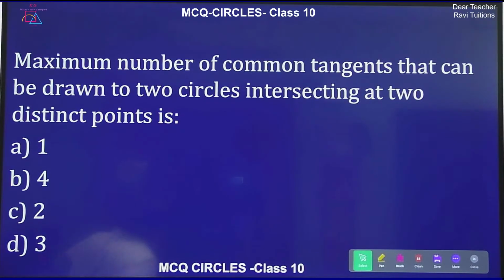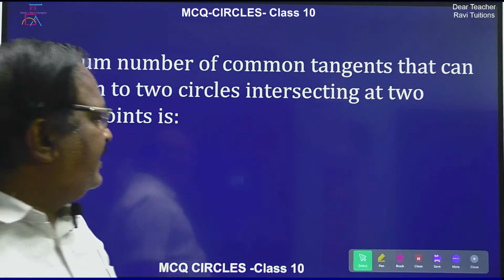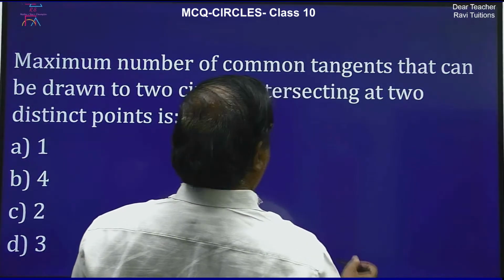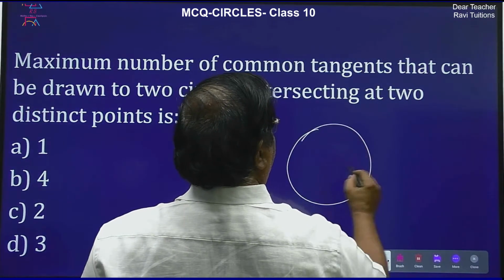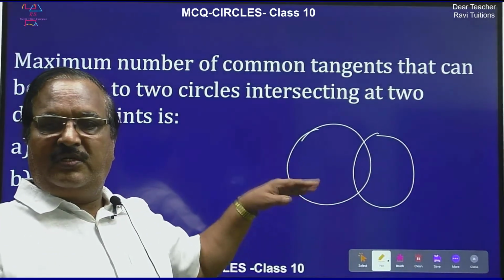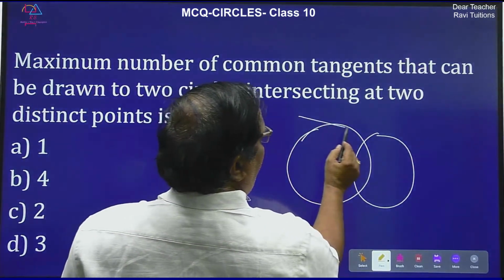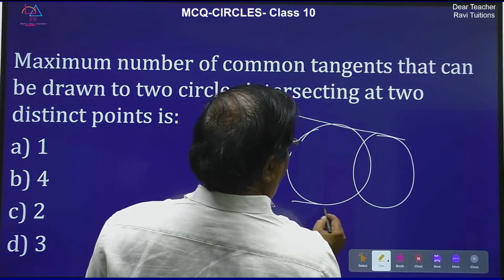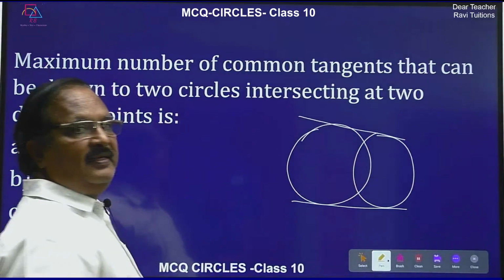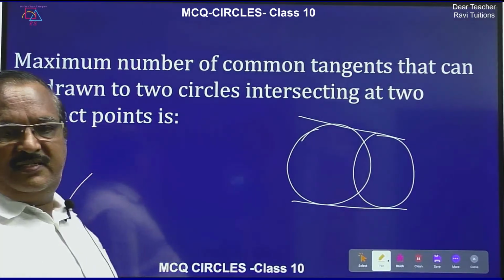Let me draw two circles intersecting at two distinct points. How many common tangents can we draw? This is one common tangent and this is one more common tangent. That's it, only 2. So 2 is the correct answer. Hardik, you are right.